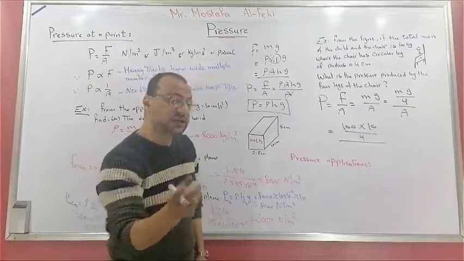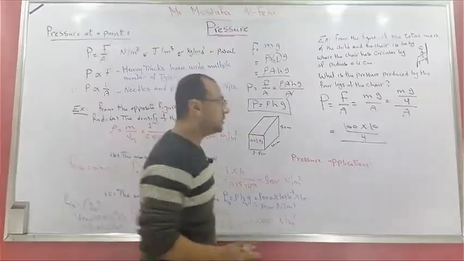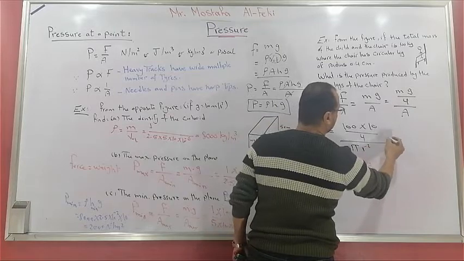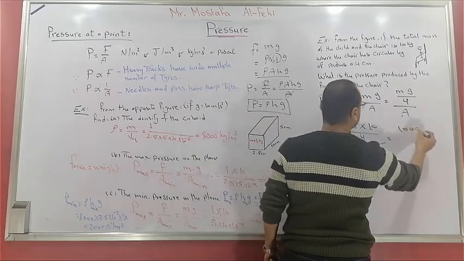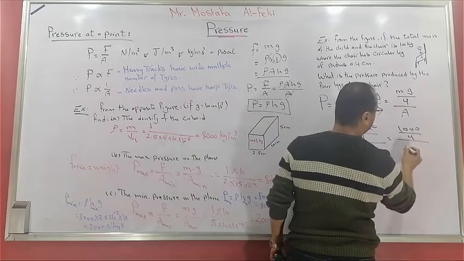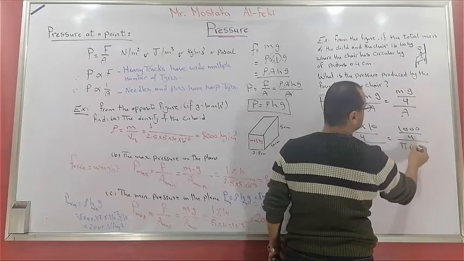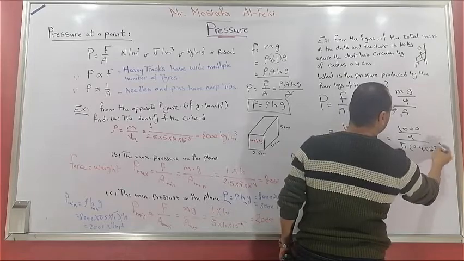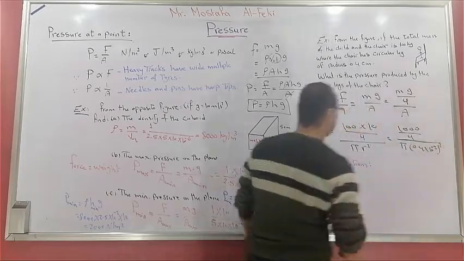It is a circular leg. Then the area of the circle equals pi r square, equals 1000 divided by 4, divided by pi times the radius, 0.4 centimeter times 10 power negative 2, all power of 2.